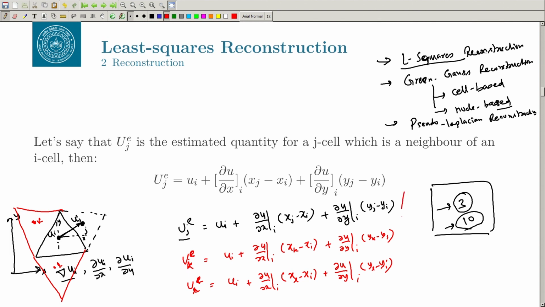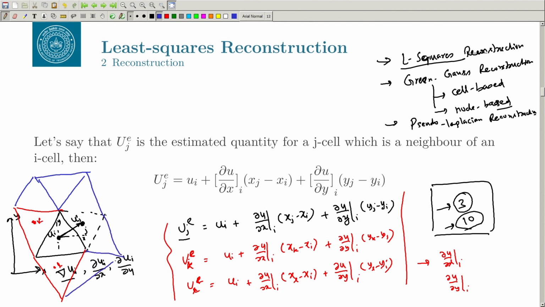Now, you need only two things here, del u by del x at i and del u by del y at i. These are the only things that you want. So, you have two variables, and in this you can see that you have at least three equations by considering the cell neighbors. If you want, you can also consider the node neighbors. For example, your node may be connecting to some more cells here, similarly here also.